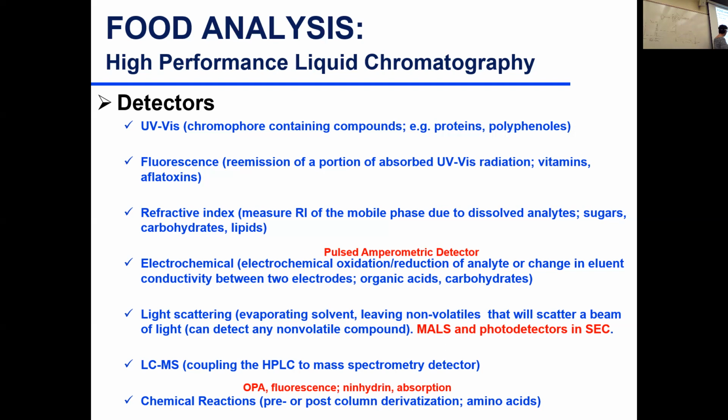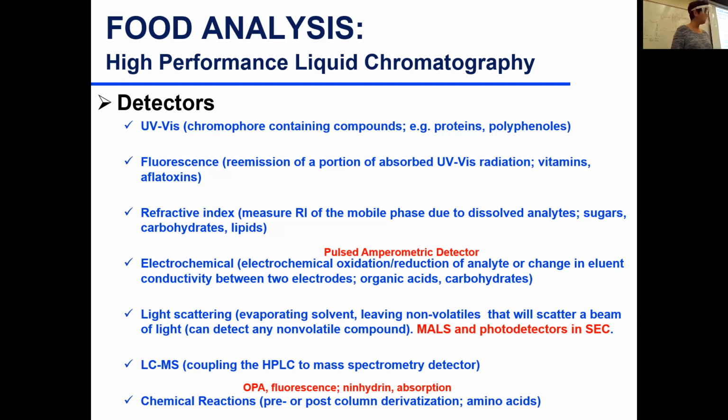Another type of detector is light scattering, and this is a universal detector because it's not really based on the chemical structure of the molecule, so it doesn't matter if they absorb light, do not absorb light.